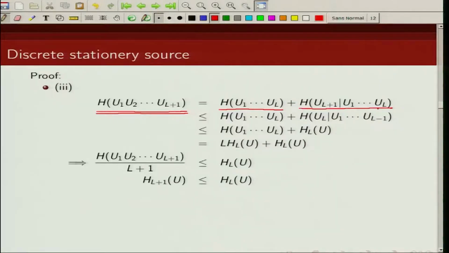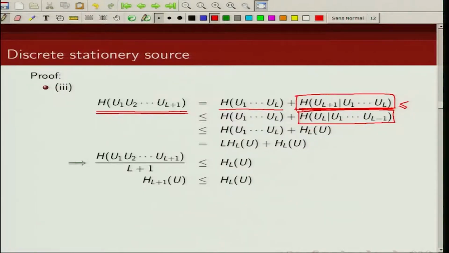Now, because this particular term is non-increasing as L increases, this term will be less than or equal to this term. So this follows from property 2, which we have proved, that uncertainty in UL given U1, U2, UL minus 1 is non-increasing as L increases.